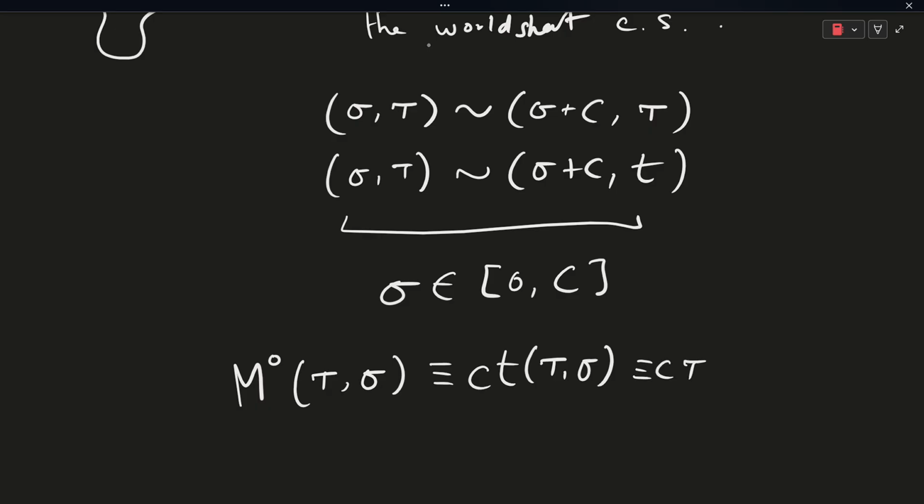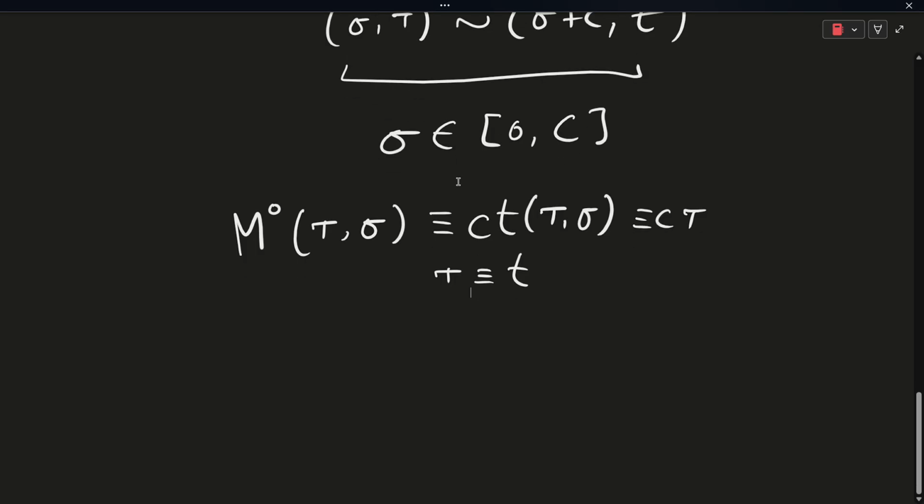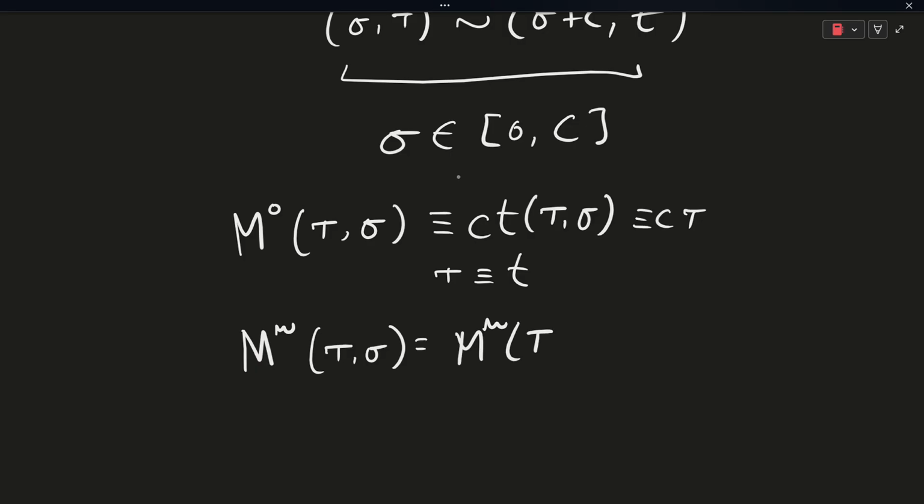So we have set T equal to tau itself, or simply tau is defined to be T. So what does that mean? It means that we can describe the collection of our string coordinates, everything that we know about our string, mu of tau, sigma, as mu of T, sigma.